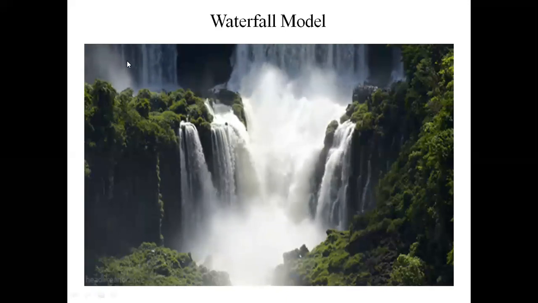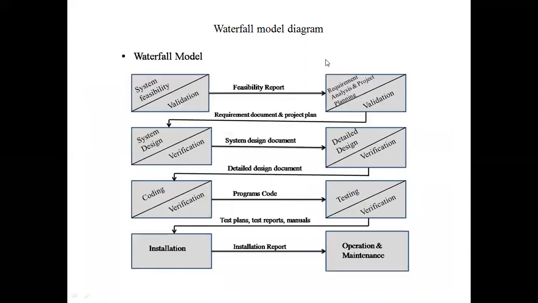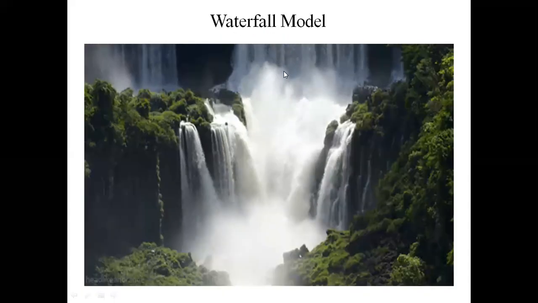When you see a waterfall, we see that there is a flow of water from a height. The water is flowing from upward to downward, or we can also say from left to right. The water in a waterfall never reverses back to the top.